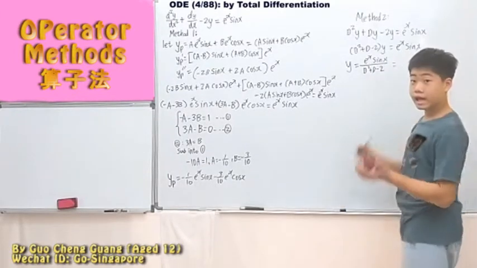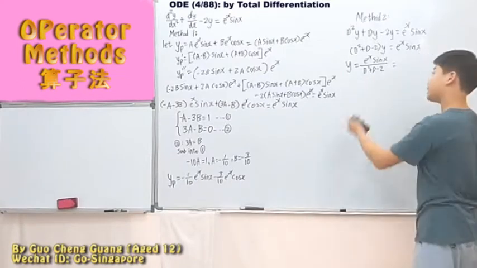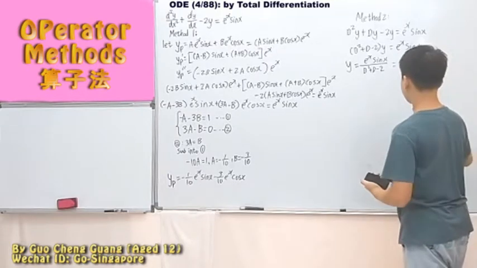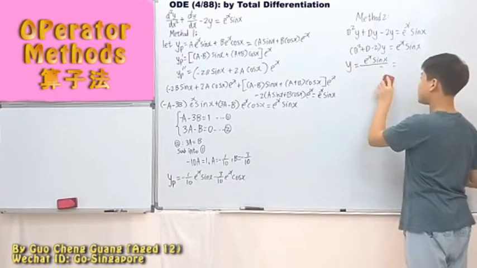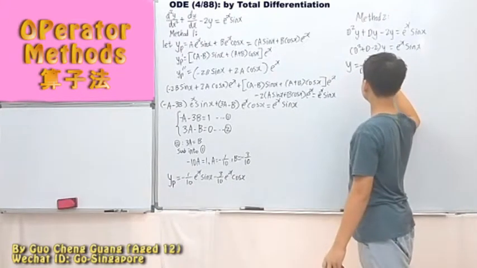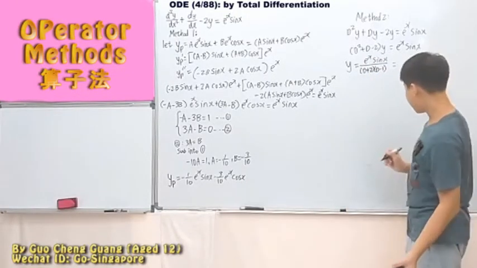Okay, so this is what you'll get. Then after that, for here, you can just use partial fractions, or you just factorize this denominator first. You can do it in this step if you want, so I'm going to show you the factorized form. So it'll be like this.